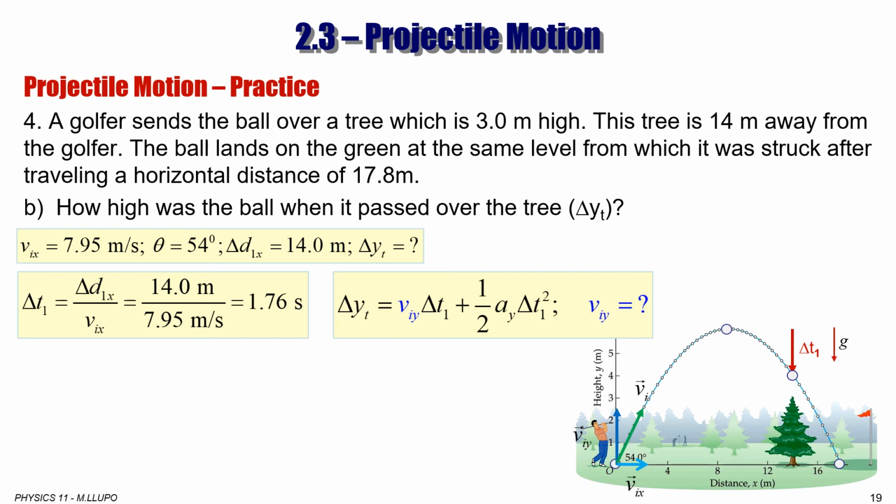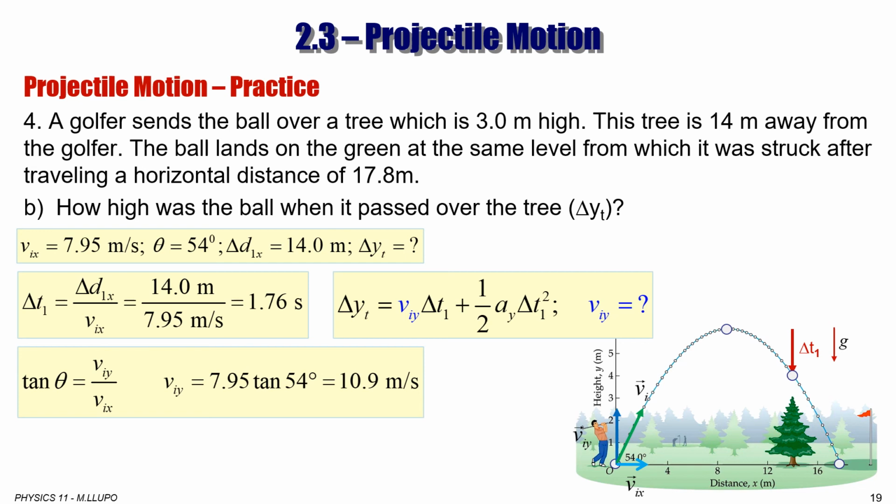V initial y is the opposite of the angle and V initial x is adjacent. So know that tan is opposite over adjacent. That tan theta is equal to V initial y divided by V initial x. We can solve for the opposite, which is V initial x times tan 54 degrees, which will give you 10.9 meters per second.